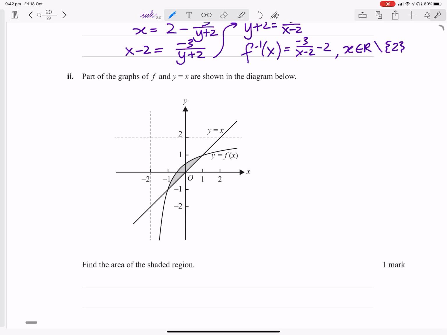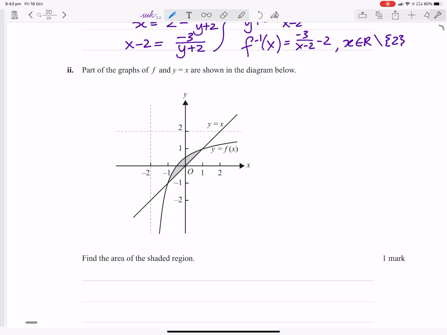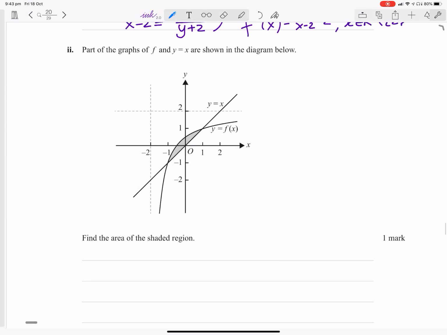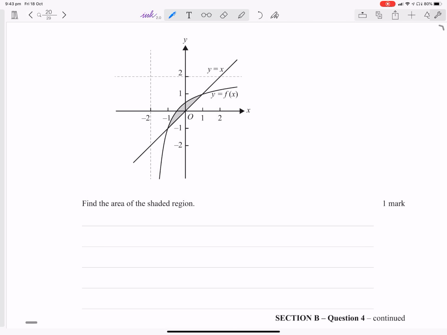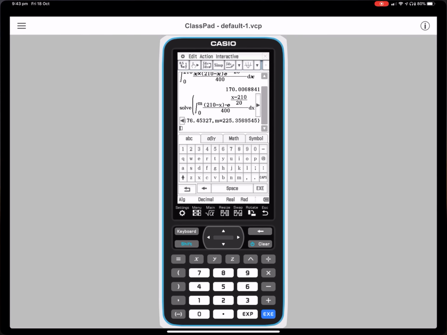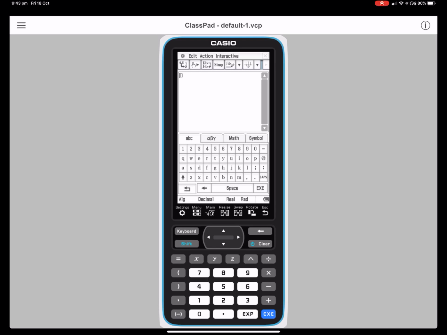Okay, part of the graphs of f and y equals x are shown below. Find the area of the shaded region. So let's clear all this crap.